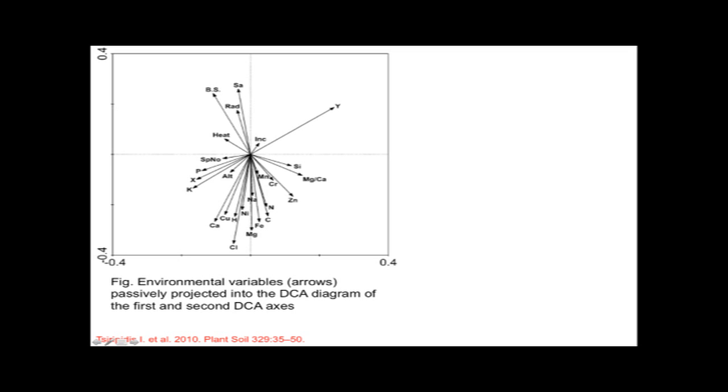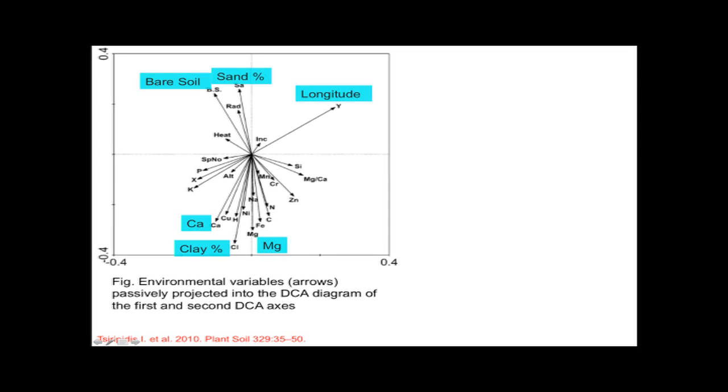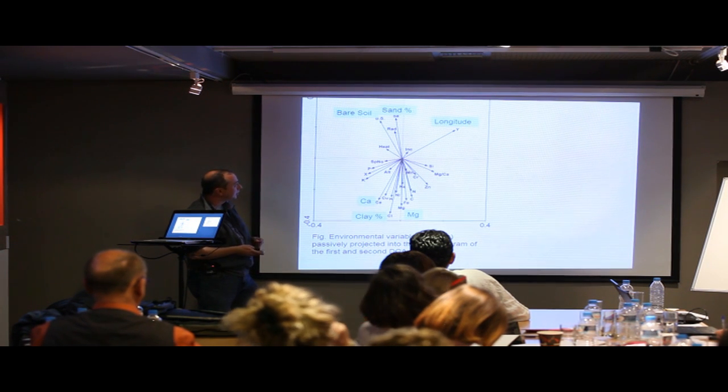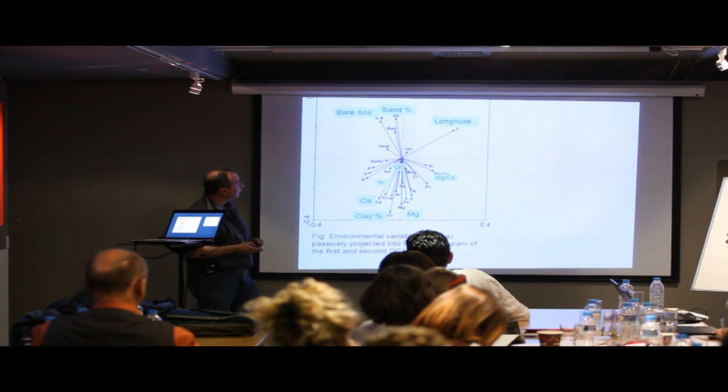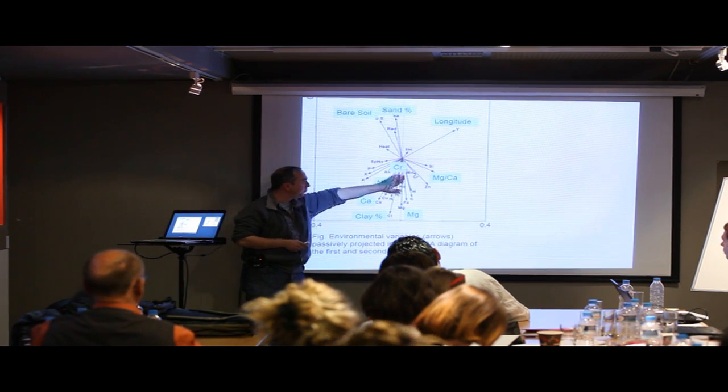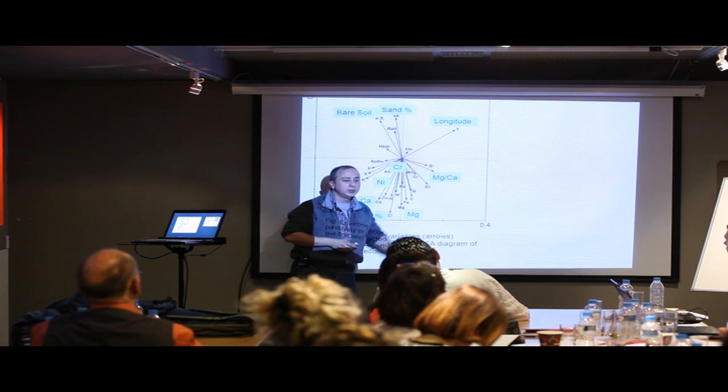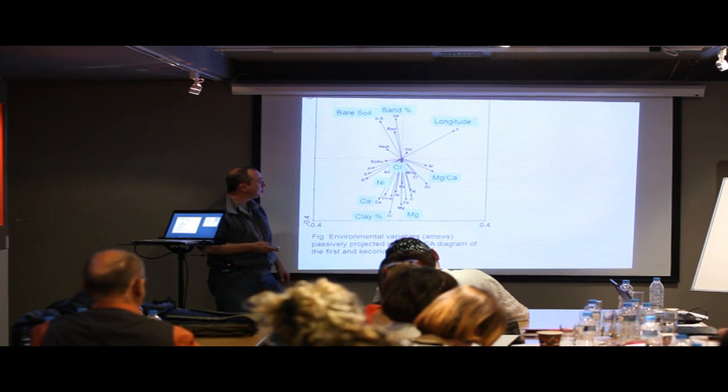From this diagram, we can see that factors such as longitude of the sampling plots, clay percentage of the soil, magnesium content, bare soil, and sand percentage of the soil are the main factors, having the longest arrows and catching the most variance of the vegetation, while factors such as nickel, chromium, and the ratio of magnesium to calcium are not so important.